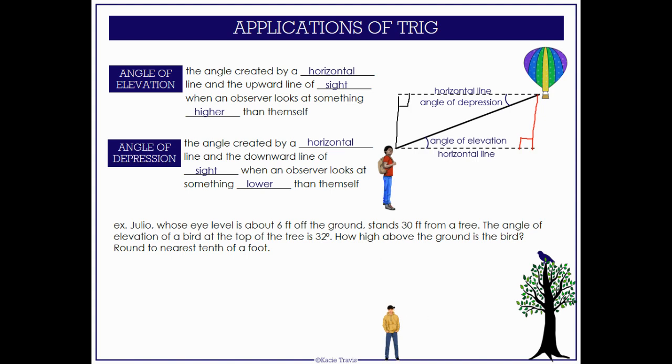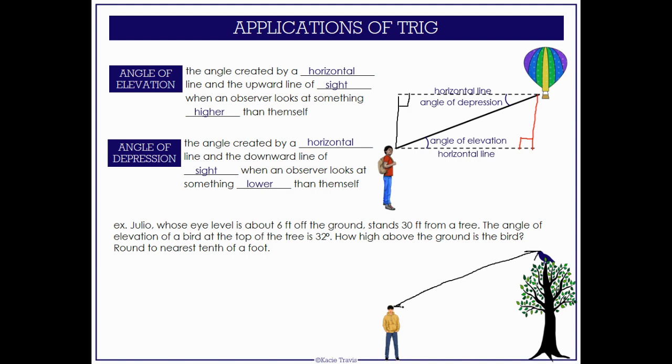So, from this, we have our friend here, Julio. He's looking up at a tree at this bird. So, here's our bird. What up, bird? Boom. Now, from this, they said that the angle of elevation from our friend Julio's line of sight to the bird is 32 degrees.